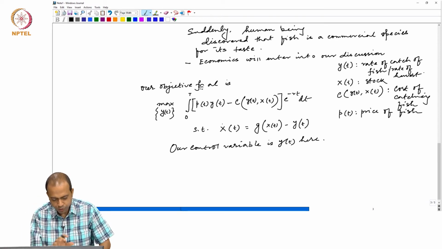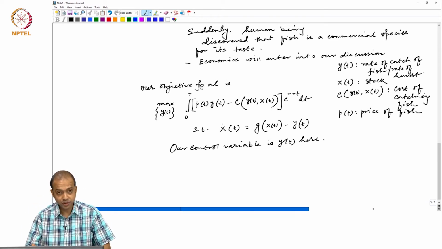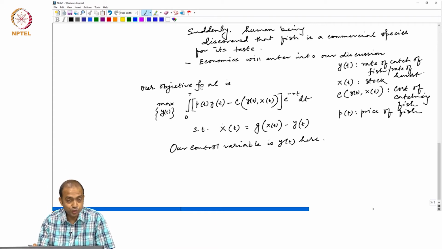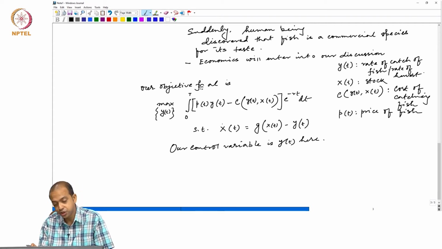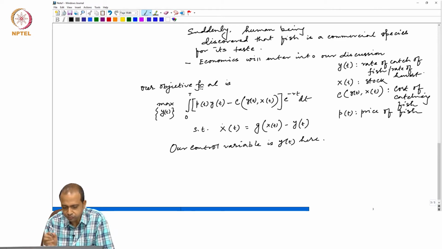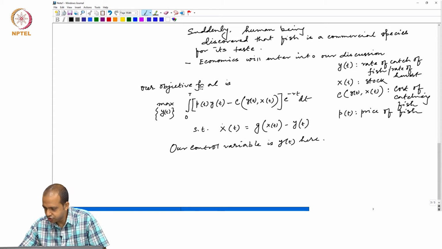Now, the optimization requires, once again, the first step. Do you remember? The first step is formulating the current value Hamiltonian. So, I will take it on the next page.